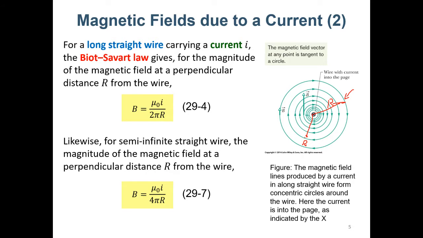Mu0 is a constant, 2 pi are constants, and I depends on how large the current is. The larger the current is, the larger the magnetic field generated by this current. And the farther away from this wire, the smaller the magnetic field.